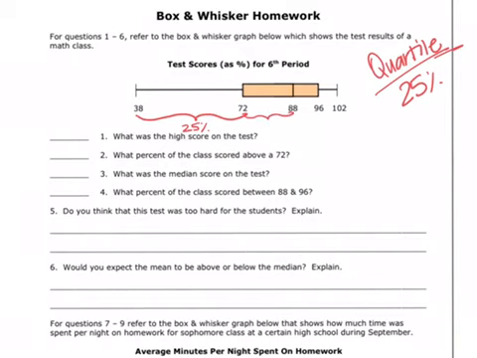From 72 to 88, you have another 25%. From 88 to 96, you have another 25%. And then from 96 to 102, you have another 25%. So if we add all of those up, we have 100%, which means we have all of the data represented in the box and whisker plot.